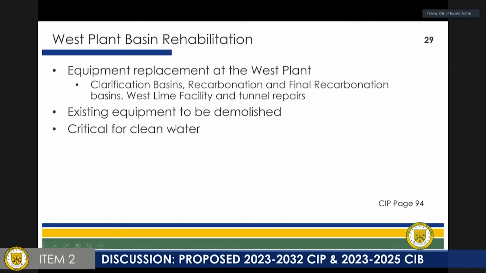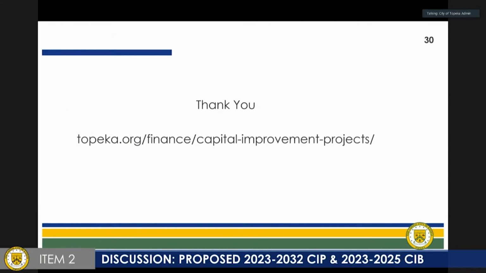The West Plant Basin Rehabilitation. We believe this to be critical for clean water. This sets up a project coming in a couple of years. That's a very quick, high-level overview of the book that's in front of you, and certainly would entertain any questions at this point.